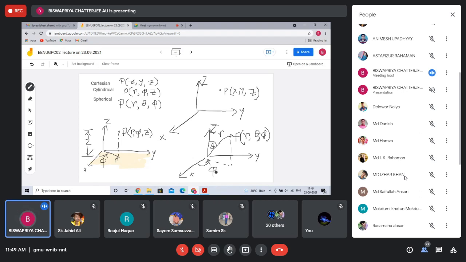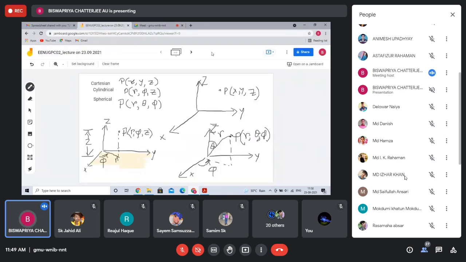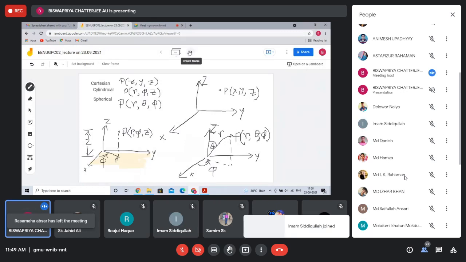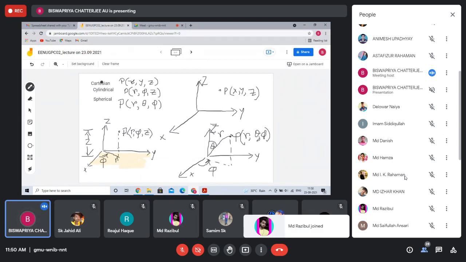The definitions of the three coordinate systems, and how a point in a given system can be transformed into another, were also discussed, so I am not going into that. We also discussed that if you keep one variable constant and the other two remain variable, it generates three linear planes in the Cartesian system.